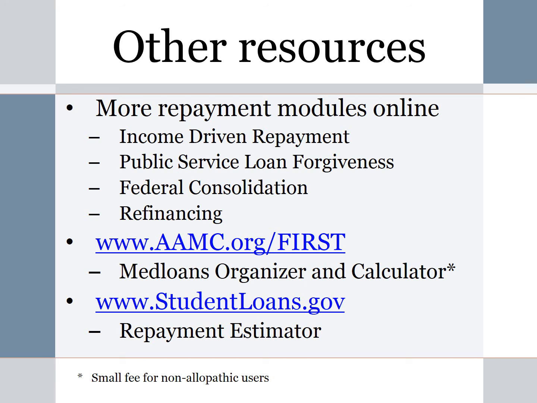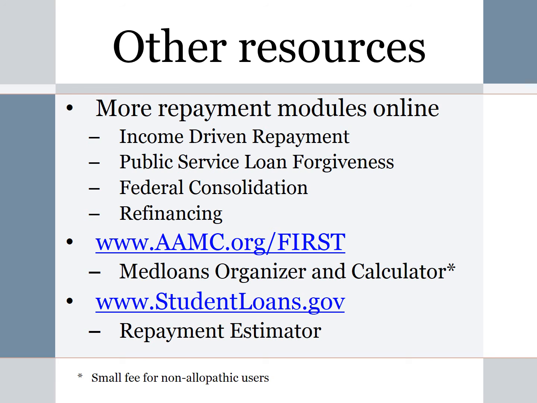There's a very good calculator called the MedLoans Organizer and Calculator that is part of the Association of American Medical Colleges site. And yes, we know that's allopathic medicine, but this is a terrific calculator that accommodates residency programs and the difference in the income between being a resident and a practicing podiatrist.